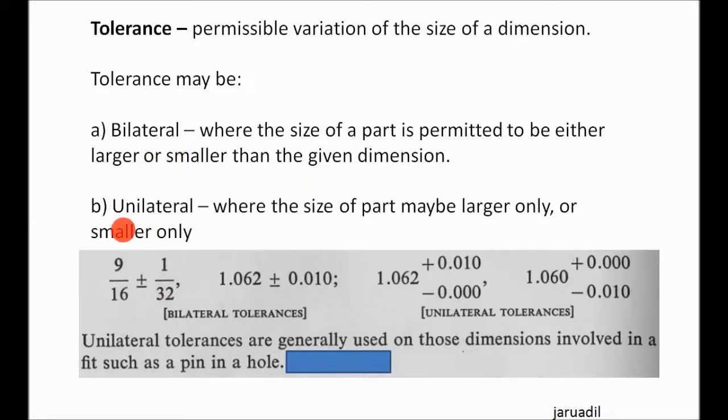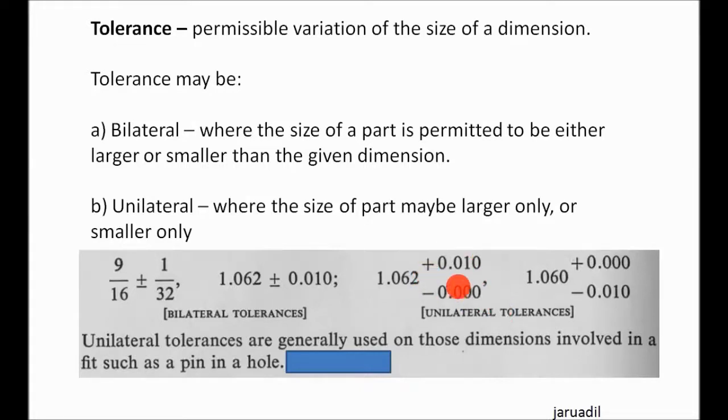Dito naman sa unilateral, the size of part may be larger only or smaller only. So halimbawa ng unilateral tolerance, halimbawa meron kang 1.062 nominal size. We say nominal size. So pag unilateral, dapat pwede siyang lumiit or pwede siyang tumaas lang.